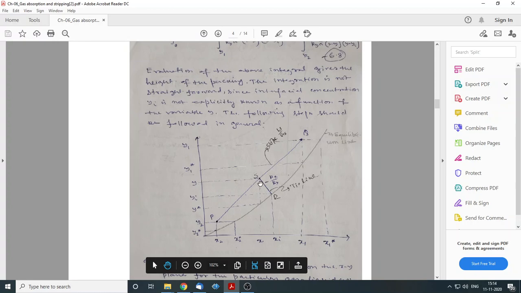So for this y value and x value, this is your xi and yi. When you integrate from y2 to y1, you have to take different points, and accordingly different xi and yi will be there, and you have to solve this numerically. This line is called the tie line.